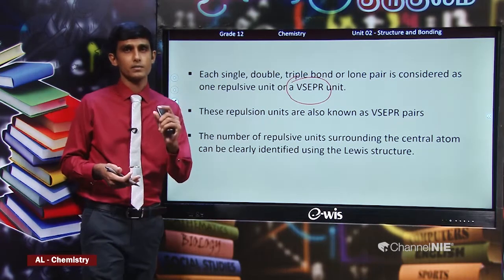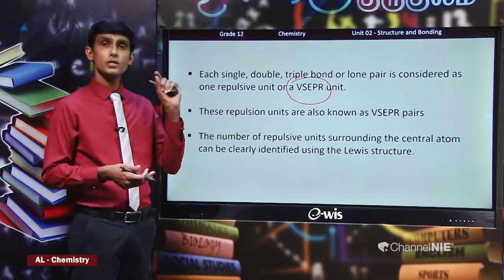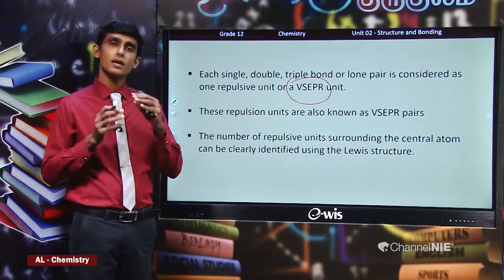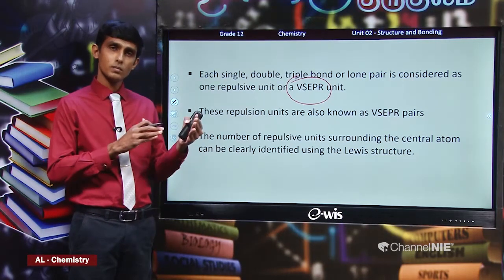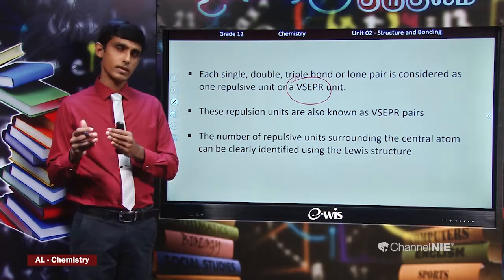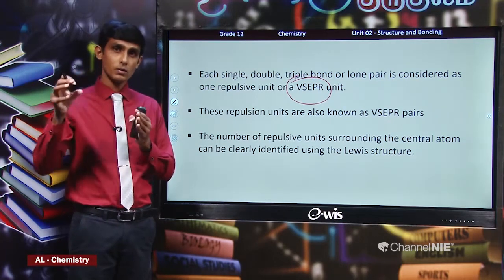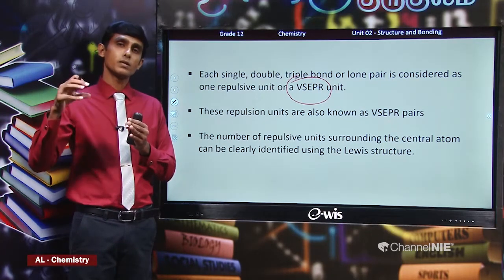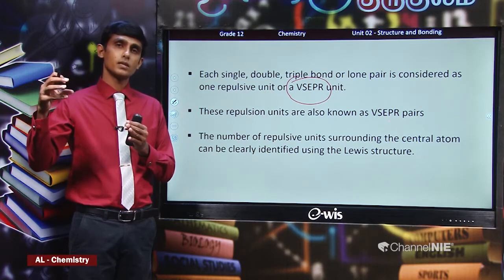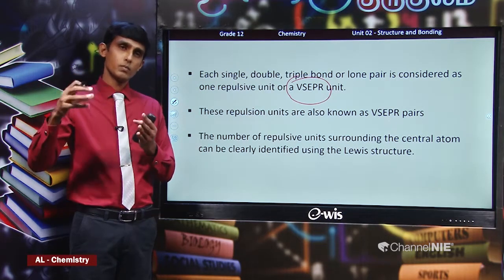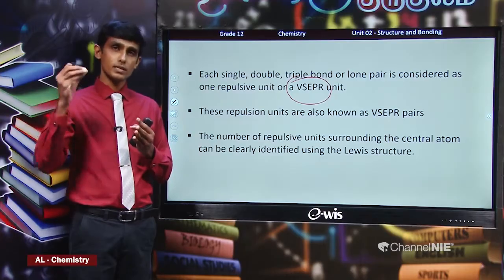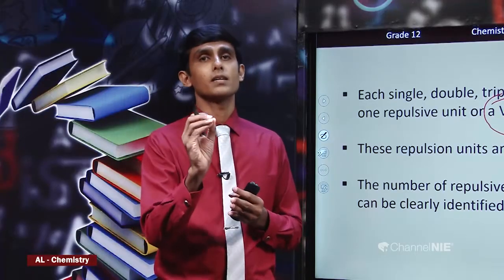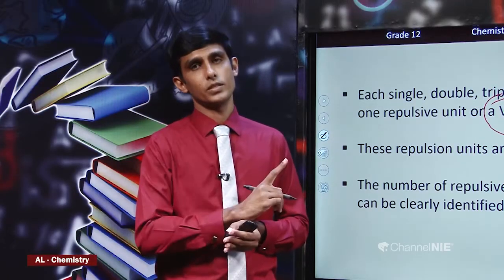VSEPR pairs means the number of repulsive units. That means the number of lone pairs plus bond pairs. When you count the bond pairs, either a double bond or a triple bond or a single bond is considered as one repulsive unit.